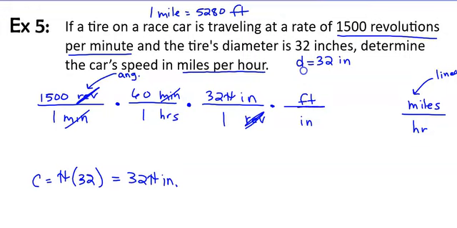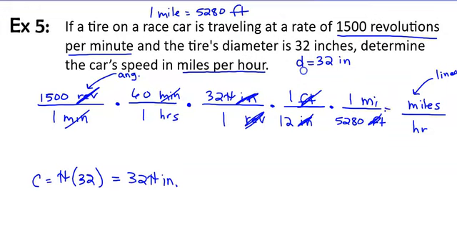That's too big of a step for my head. So there are 12 inches in 1 foot. And then there are, like I said, 5,280 feet in 1 mile. So inches and inches go away, feet and feet go away, and we are left with miles on top, hours on the bottom. That's a good thing.